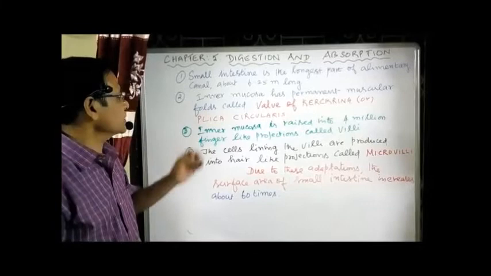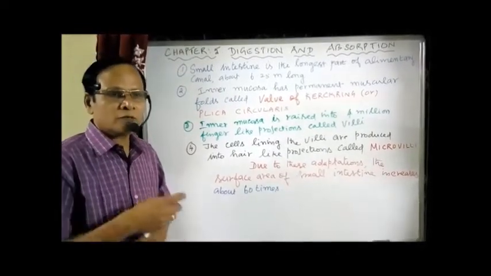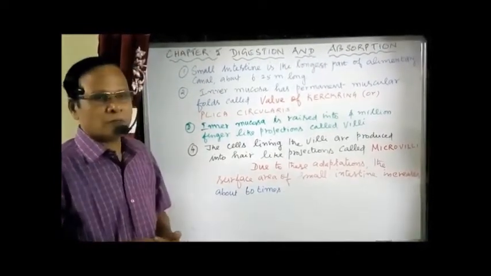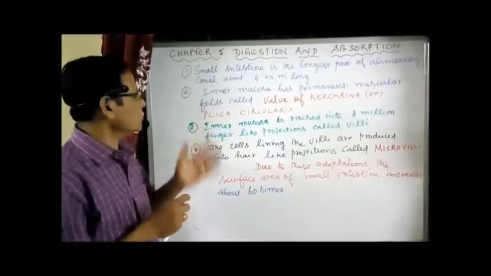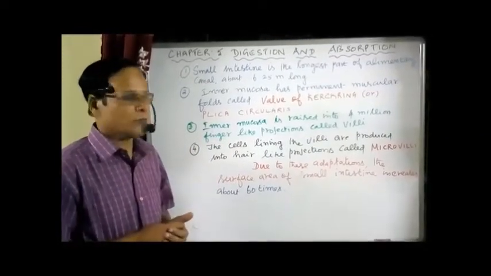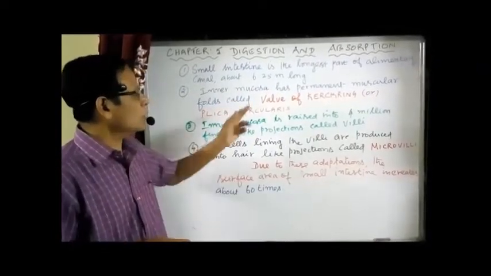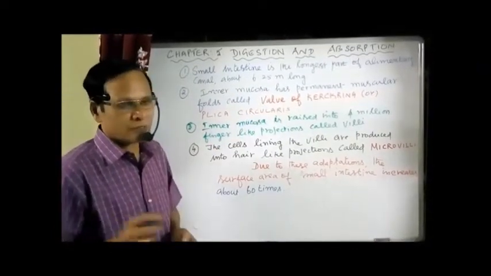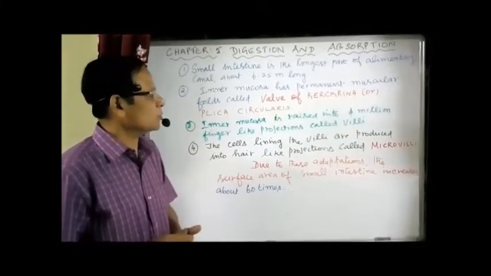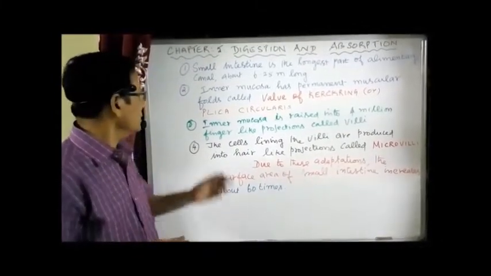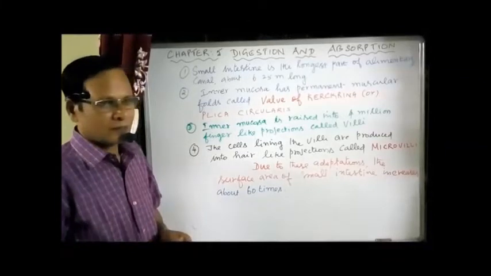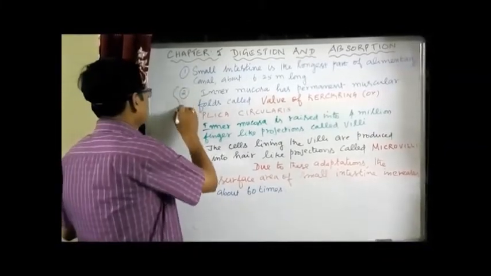The second one, the inner mucosa has permanent muscular folds. I asked the question also in 2 marks. The inner mucosa has permanent muscular folds called valves of Kerckring, or plica circularis. This is also something we can take for a 2 marks question.